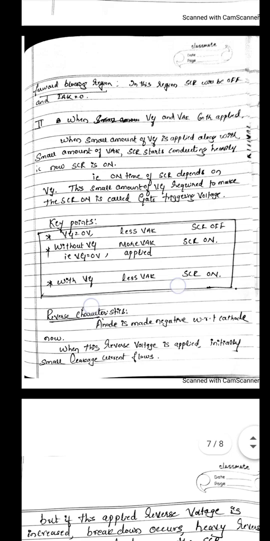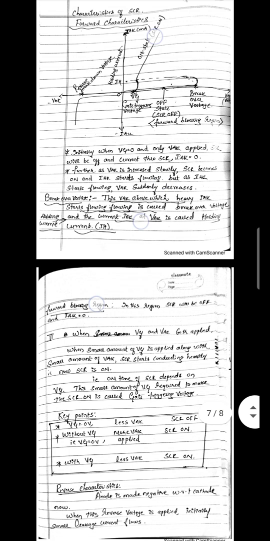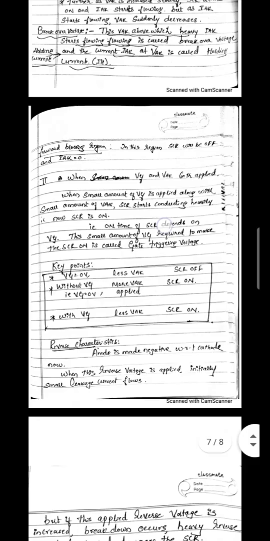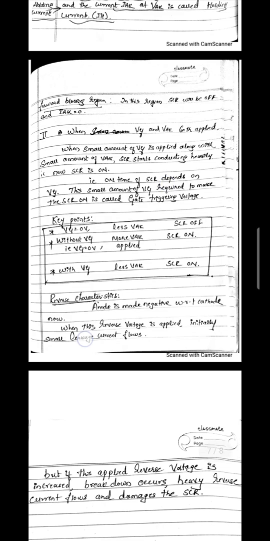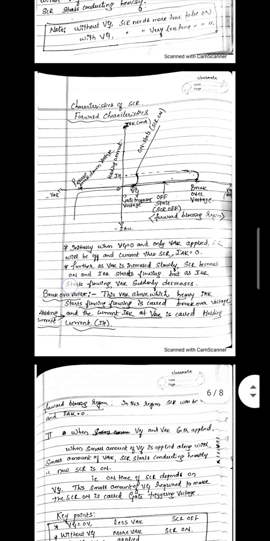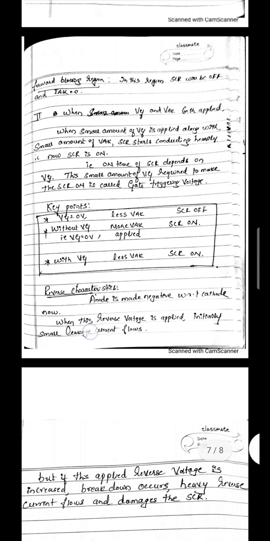That is this part. Next, with VG and less VAK, the SCR is on. That is this part, with VG, only this much of VAK is needed to make the SCR on. These three key points you should remember to write the whole description.